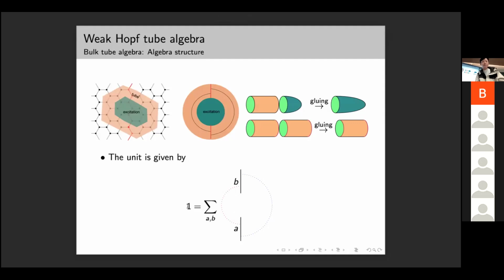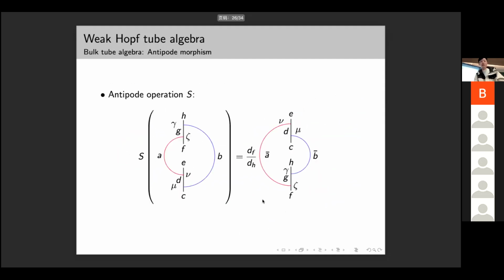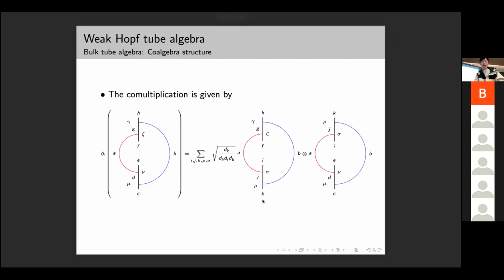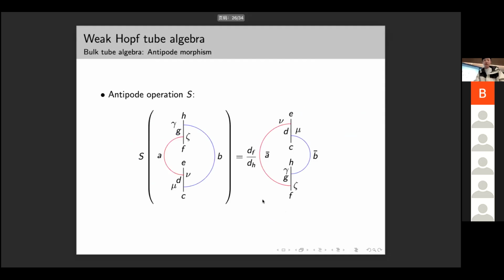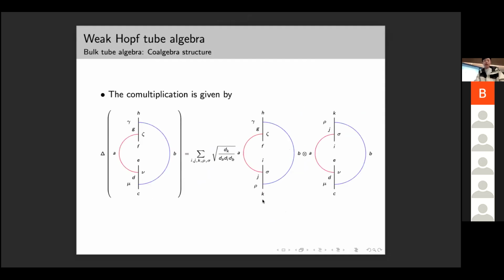Because we know that for the bi-algebra, if we take the co-multiplication, this must be delta of one equal to one tensor product one. But if we take this co-multiplication, we see that it is just a weak Hopf algebra. This is the best motivation for us to do this. And this is inspired by Kitaev and Kong's original work on the boundary theory.